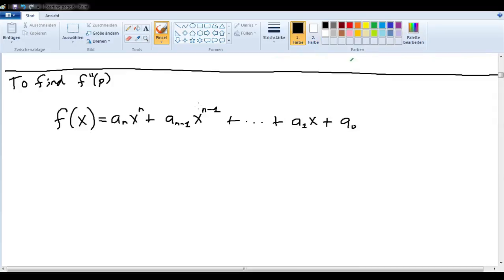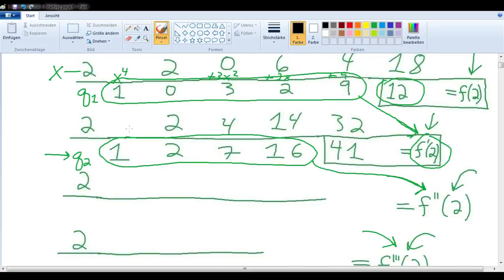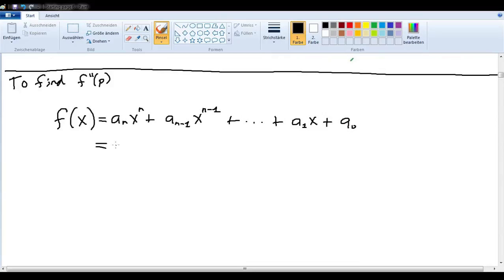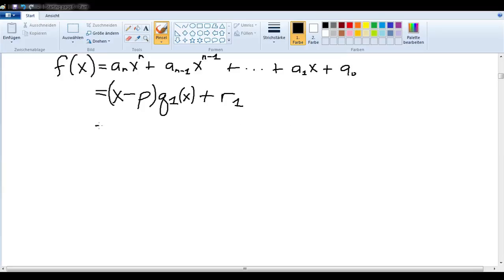So again, we're given a function in this form, and somehow we need to get these q's into play. So just like in the last video, we will divide by x minus p, we'll call it. We'll divide this polynomial by x minus p. We will get a quotient, q sub 1, and some remainder, r sub 1. And since we actually want q2, at this point we will now sub in for q1.